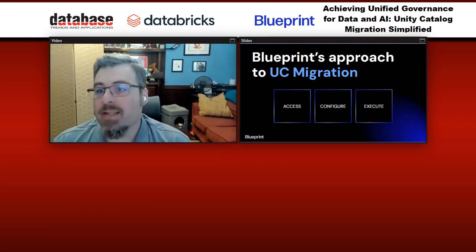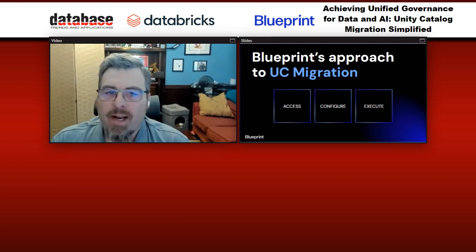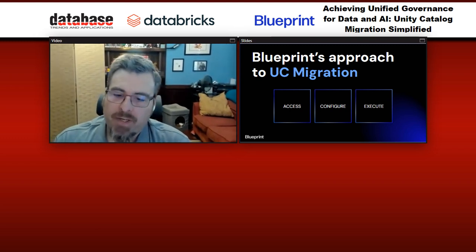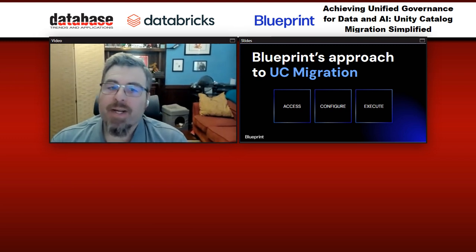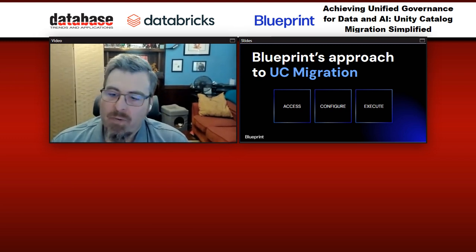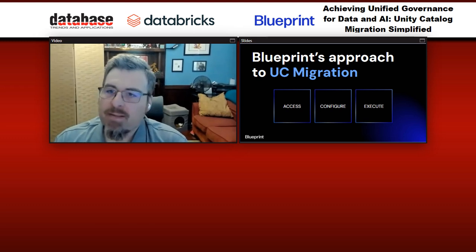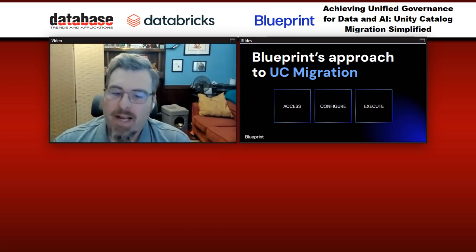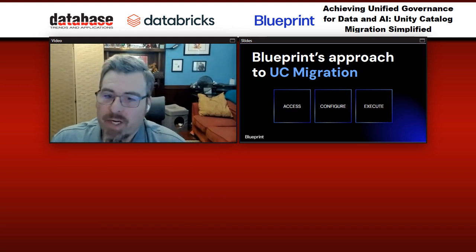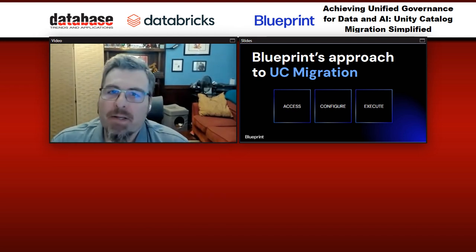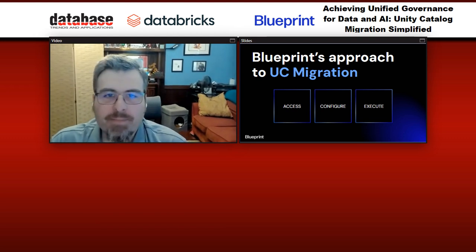So you can set that configuration with us. And we collect this configuration in a way so that our scripts, our execute step, read this configuration information and run the same type of data movements and data transformations in a repeatable way. By following that configuration, we can reach any desired state that you'd like in Unity Catalog.